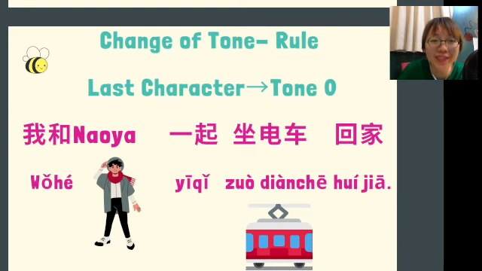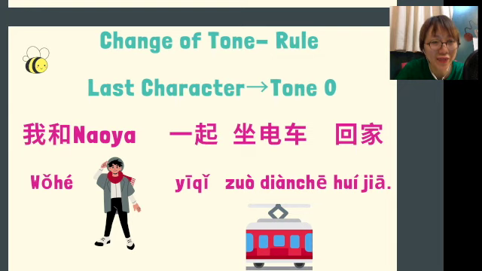If I pronounce this sentence as its original sound, like 我和挠呀一起坐电车回家. Did you sense a little unnatural there? It will even sound more unnatural for a native Chinese speaker. So in the daily conversation, it goes like 我和挠呀一起坐电车回家.